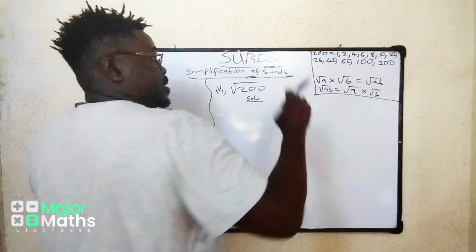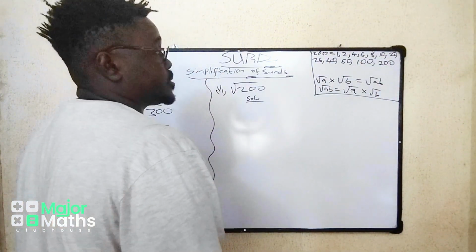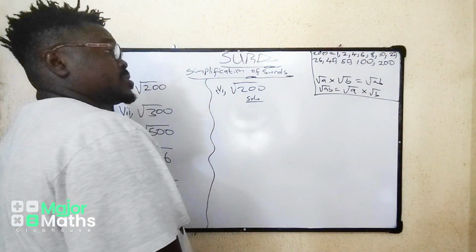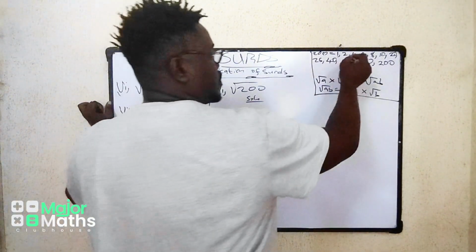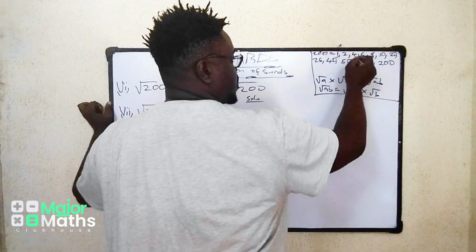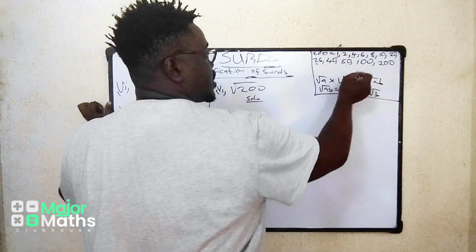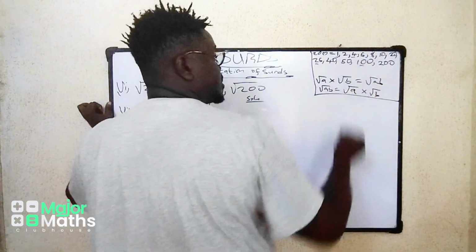Like I previously said, we call this our factor chain. Now we'll find the highest factor here that is also a perfect square. So we have 1 is a perfect square, 4 is a perfect square, 25 is a perfect square, 100 is a perfect square, and the highest is 100.